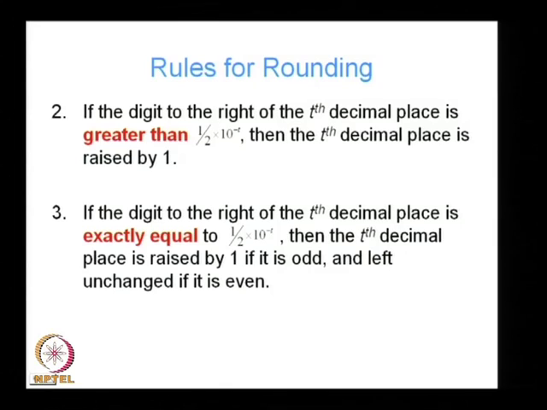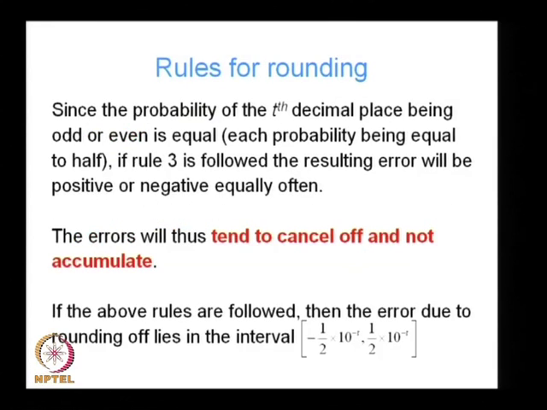If the digit to the right of the 10th decimal place is exactly equal to half into 10 to the power minus t, then the 10th decimal place is raised by 1 if it is odd and left unchanged if it is even. So, these are our 3 rules for rounding. We will see that these rules result in lower error magnitudes.